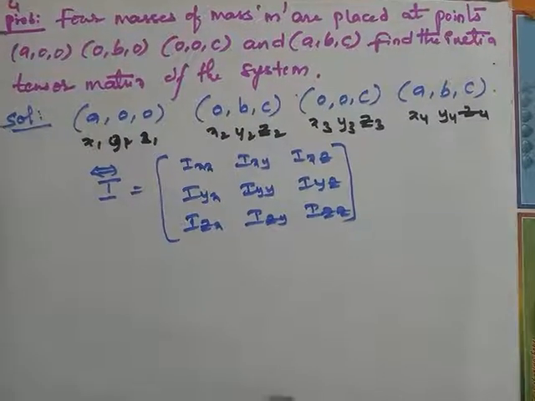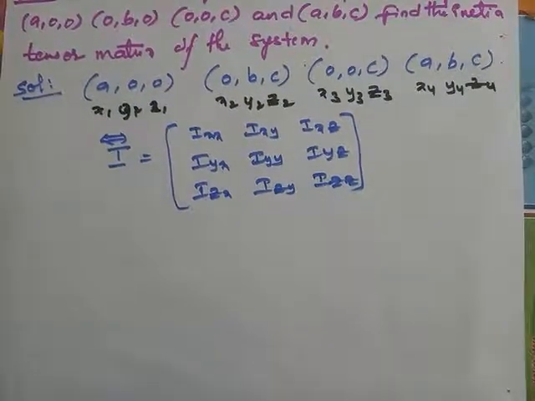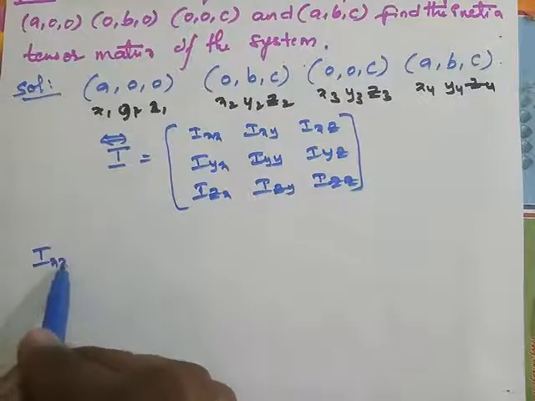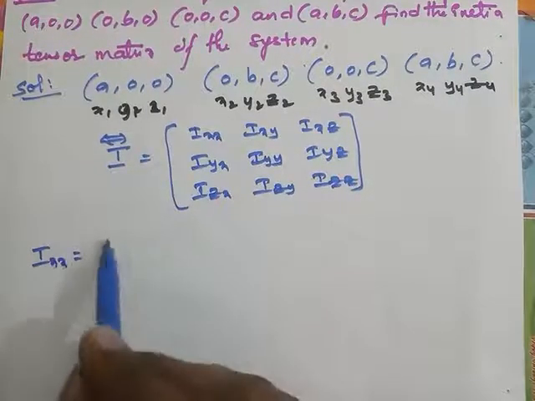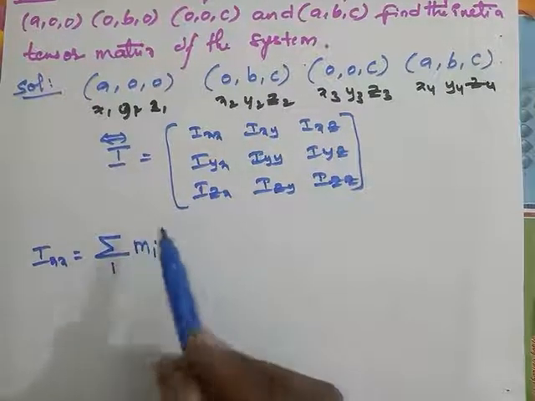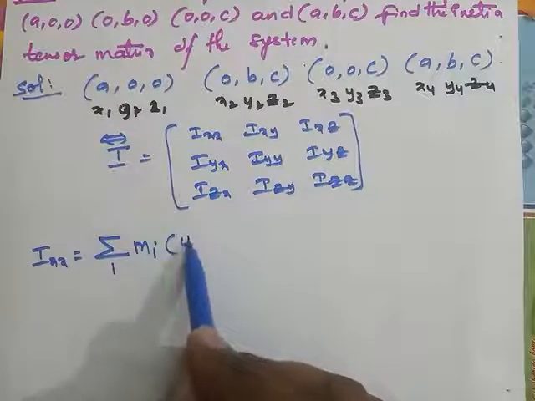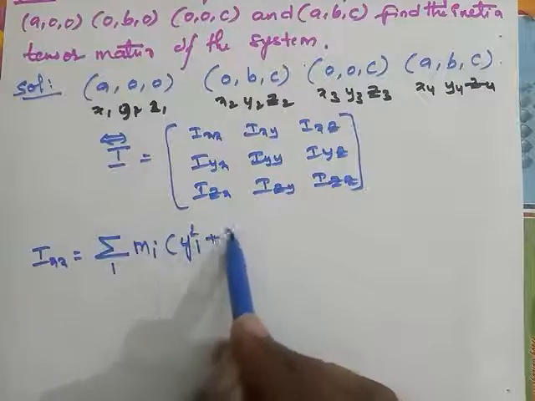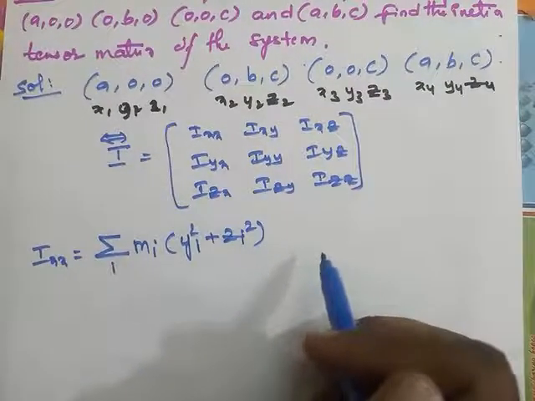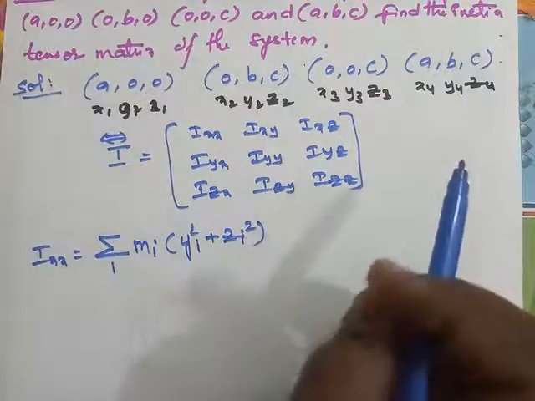See how we can find all these components here. So first component, inertia along the x-axis, Ixx equal to summation i mi, here you have to write yi square plus zi square. There is no x component in that, because we are going to find only inertia along the x direction.